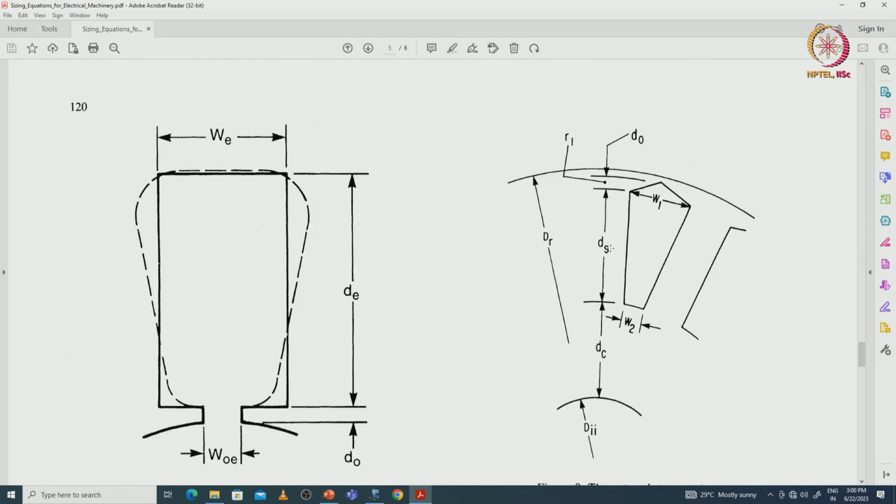The slot dimensions ds, dc, w2, w1 and d0 and r1, all those are considered. Here this is the closed type of rotor slot where slot opening b0 may not be required. For open type of slots only we require the b0 value.